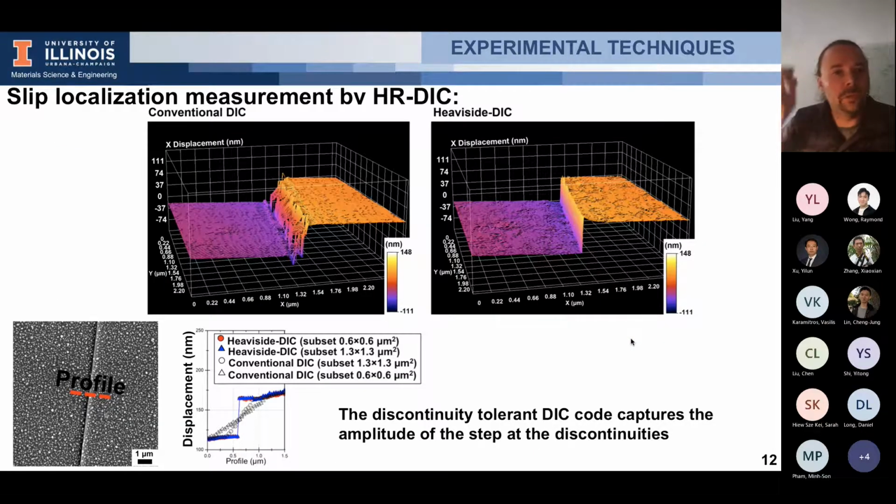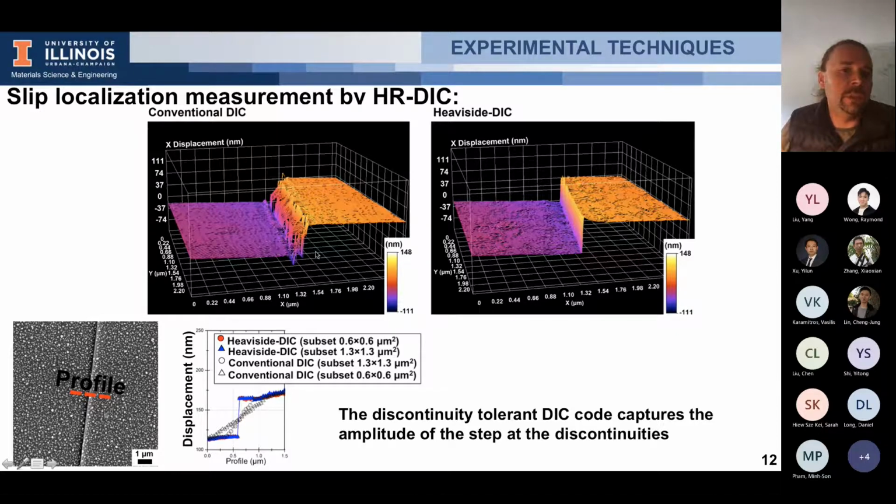If you compare the result to conventional DIC code, you also have a quite large increase in resolution. For instance, I am displaying the displacement in the plane, but I use a 3D representation, on the left from conventional DIC and on the right from the heaviside DIC.